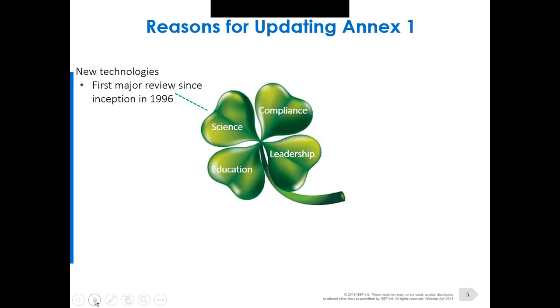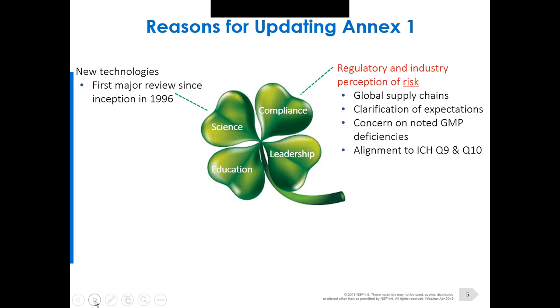So many of you will have seen from previous webinars that Annex 1 is being updated, and it's been really a long time coming. The original Annex 1 was in 1996, and this is the first major revision since then. But the key reasons for making this upgrade to Annex 1 were all around the perception of risk.